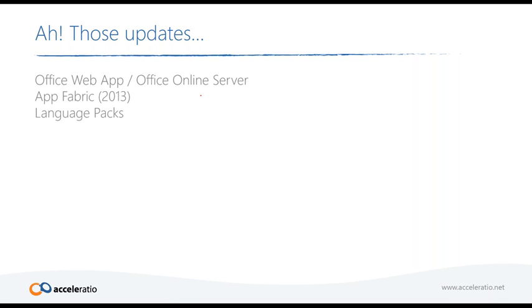This is a special component. If you have language packs, if you have SharePoint in different languages, you also need to deploy a language pack update. And if you're running SharePoint 2013 and 2010 and you have a Project Server, this one also requires an update.